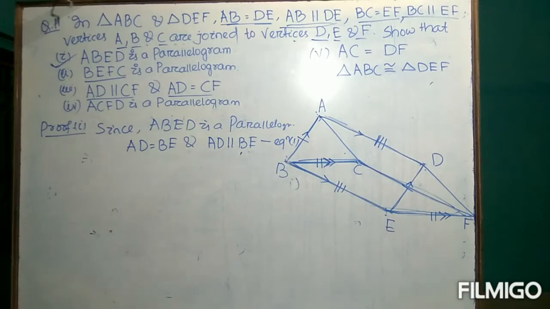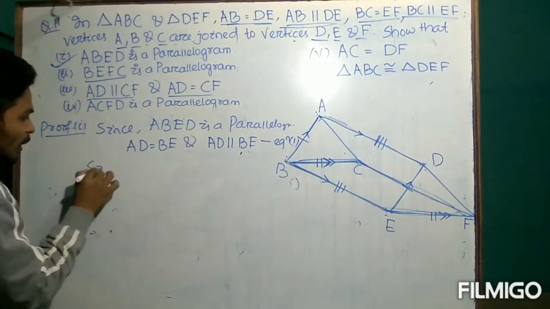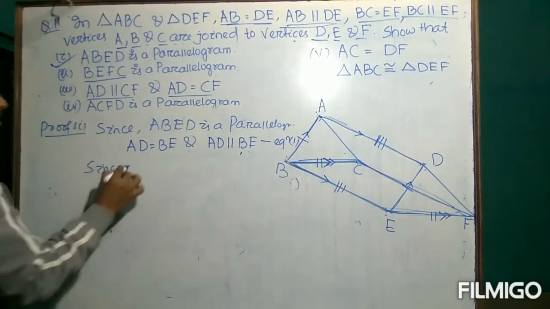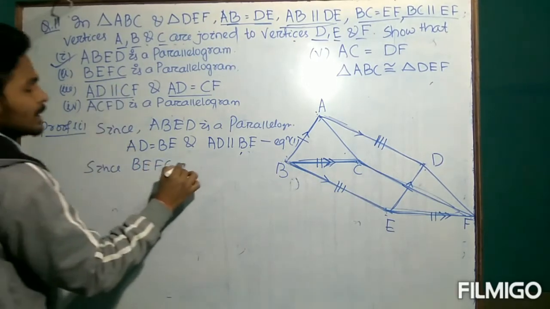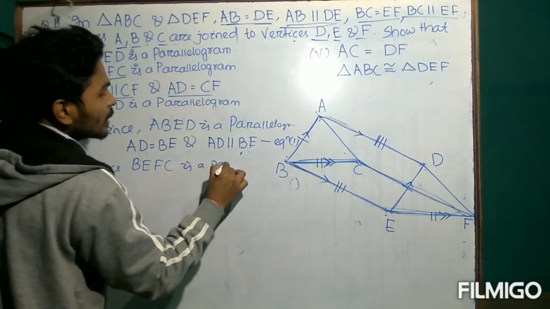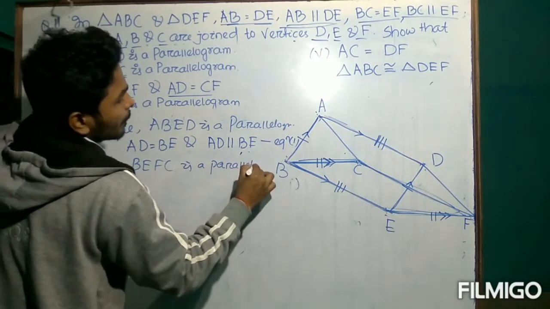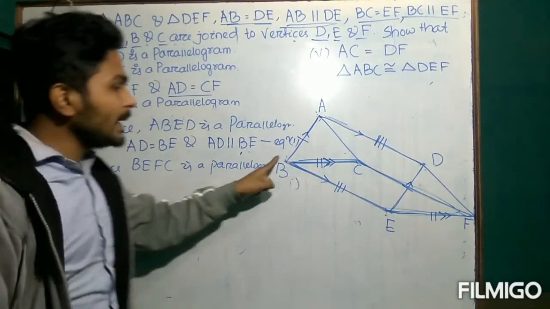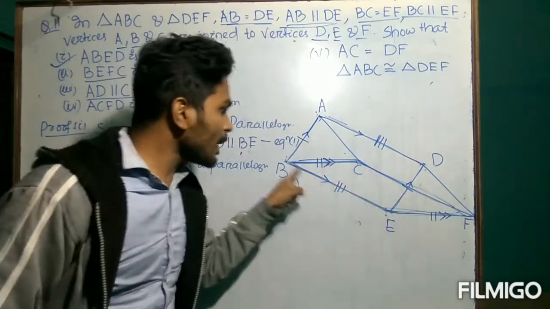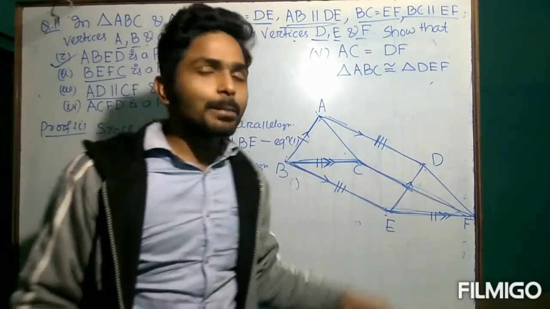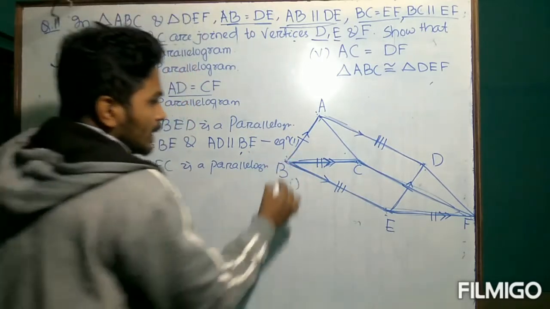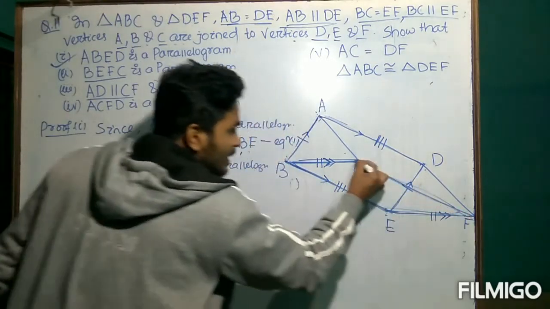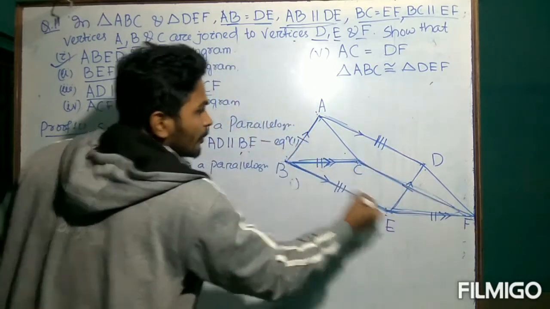Now, in the second statement, what have we proved? We have proved that BEFC is a parallelogram. If it is a parallelogram, then the pair of opposite sides must be equal as well as parallel. So consider only this figure, BEFC.